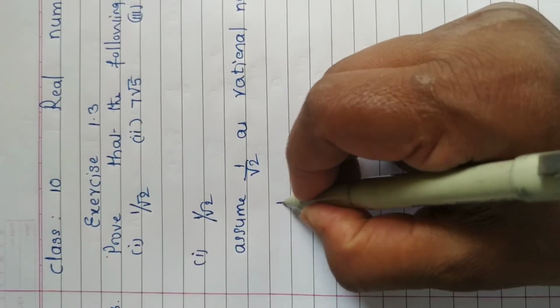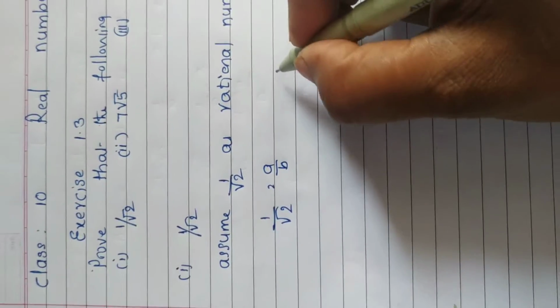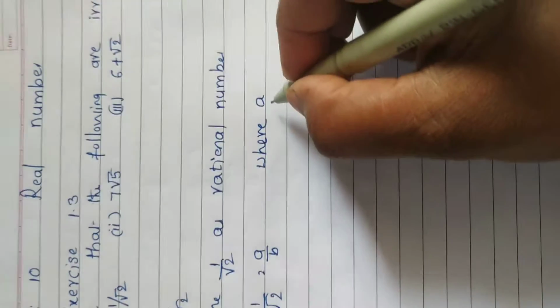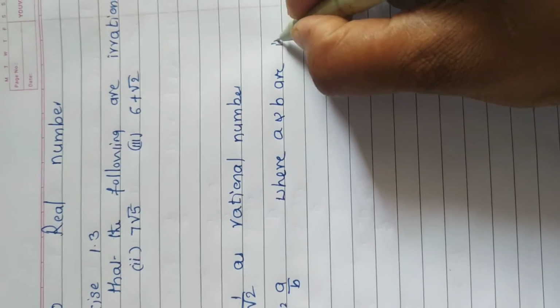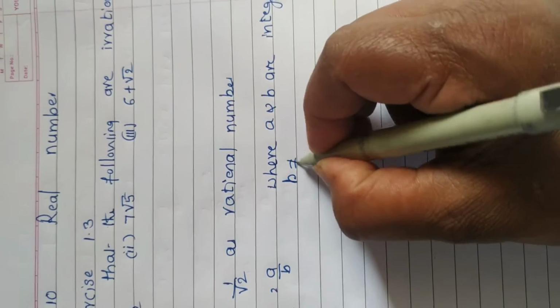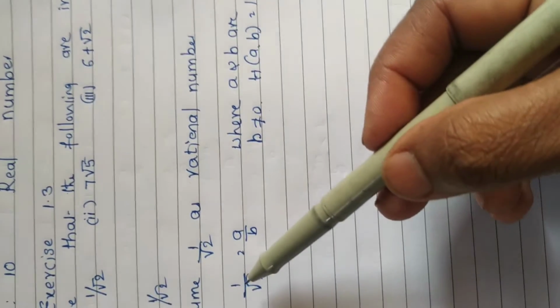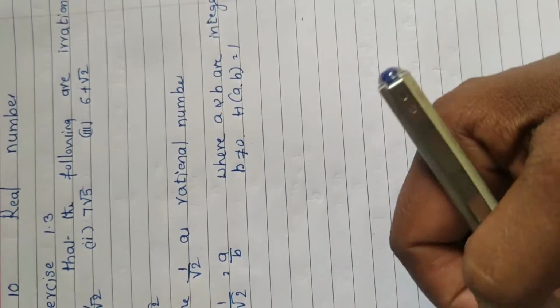So 1 by root 2 is equal to a upon b, where a and b are integers, b is not 0, and the HCF of a and b is 1. If it is a rational number, it should satisfy all these three conditions.